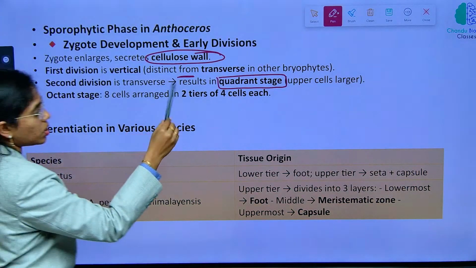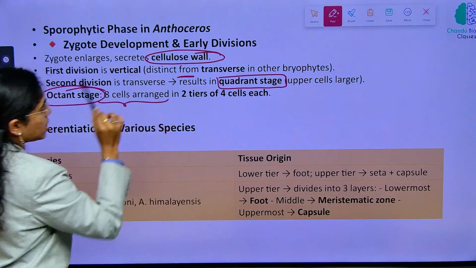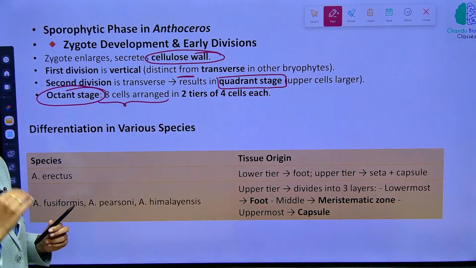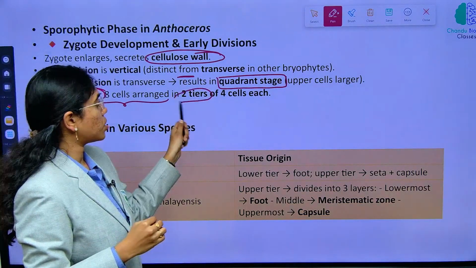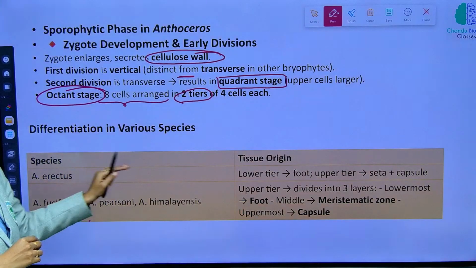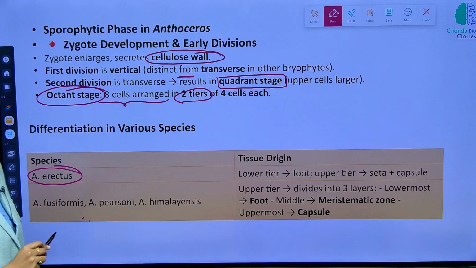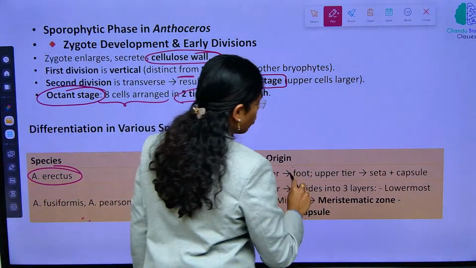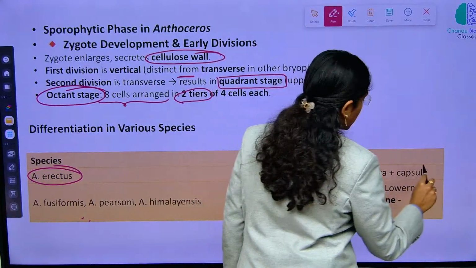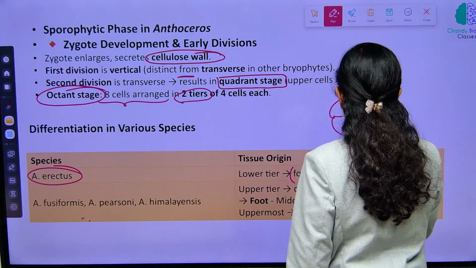This quadrant stage undergoes one more division and it forms octant stage, which is 8 celled, and 4 cells are arranged in 2 tiers. In different species the arrangement varies. For example, Anthoceros erectus, if you observe, lower tier is foot and upper tier is seta and capsule. Complete 4 cells are formed like this.